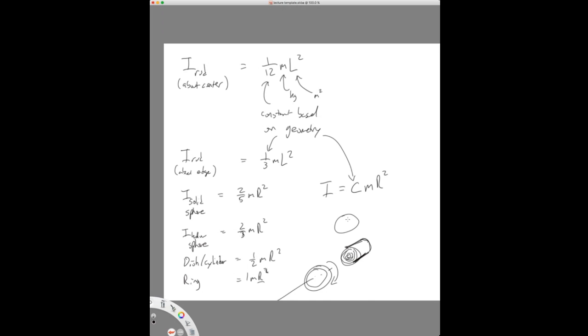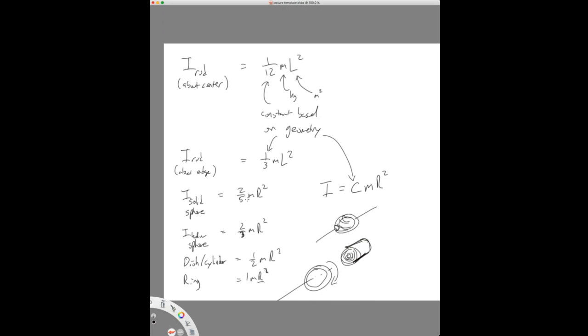If we have a hollow sphere, the mass is largely at the edge because the inside is empty. But there's some mass that, as it rotates, is close to the axis of rotation, so it doesn't contribute much to the difficulty of rotating. That gives you a constant that's close to 1, but a little less.